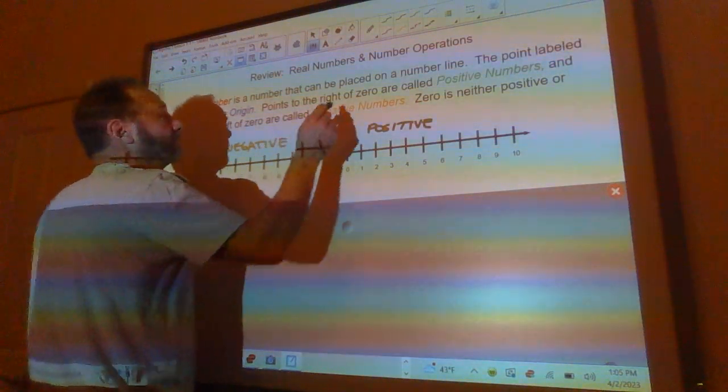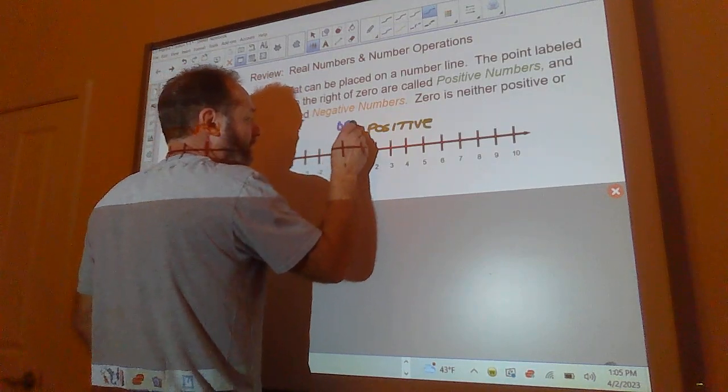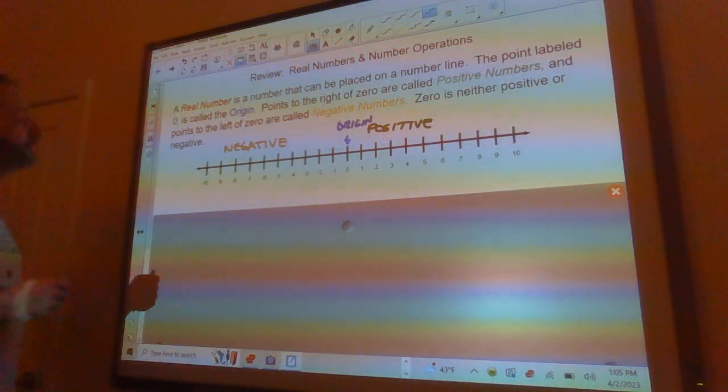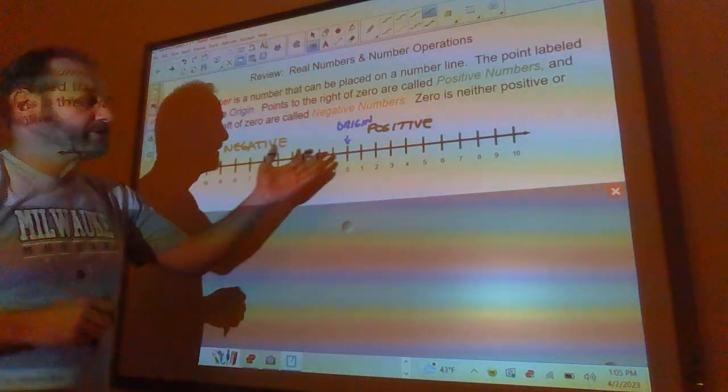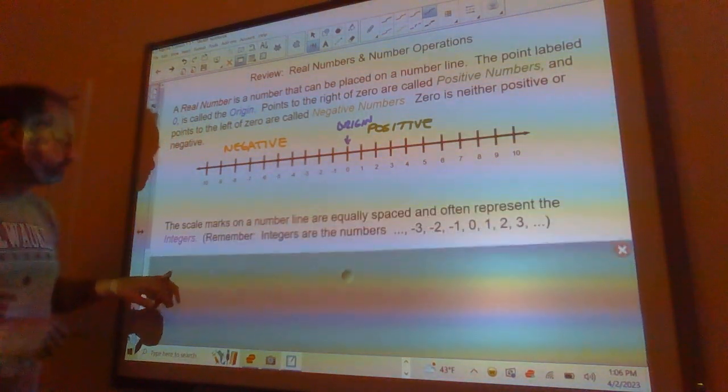They're on the left, and of course we've got our origin right there. Any number that I can put on this number line is a real number.